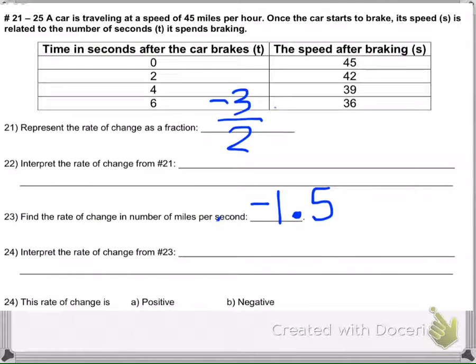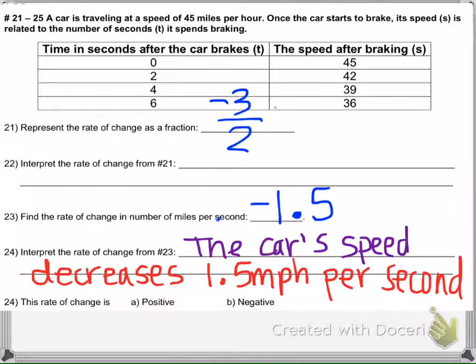So now we're asked to interpret the decimal version of the rate of change. So we would say the car's speed decreases while braking 1.5 miles per hour every second. And this rate of change was negative.